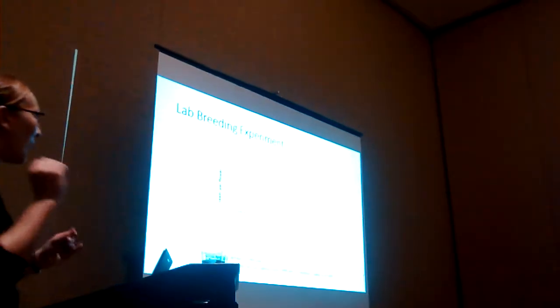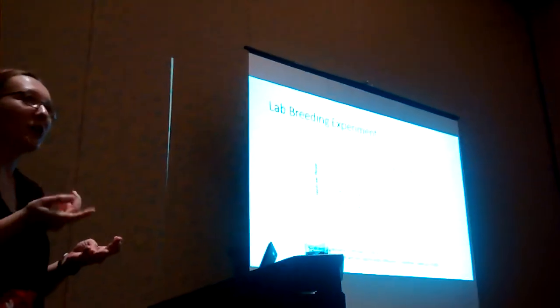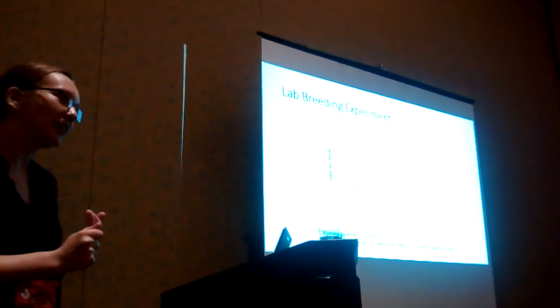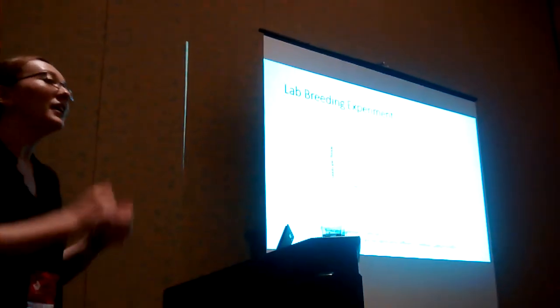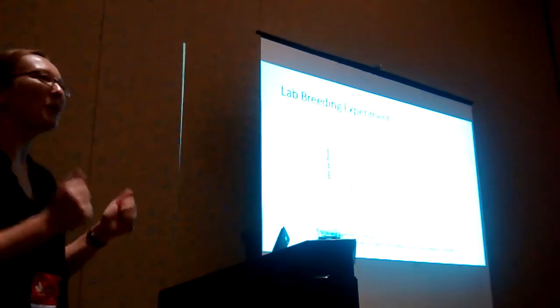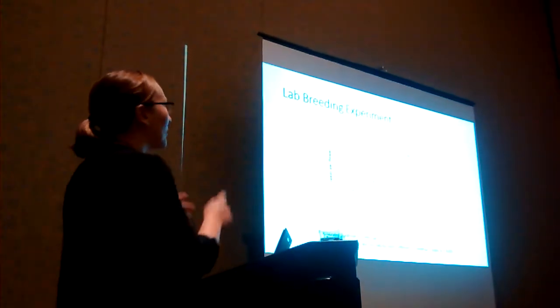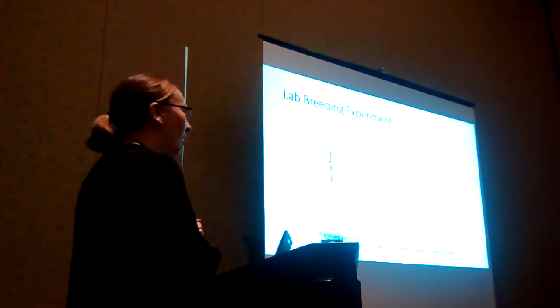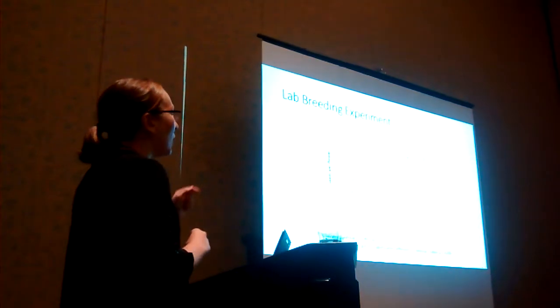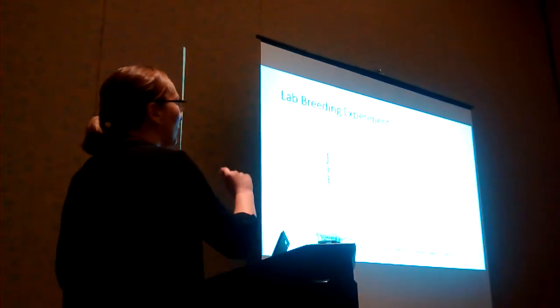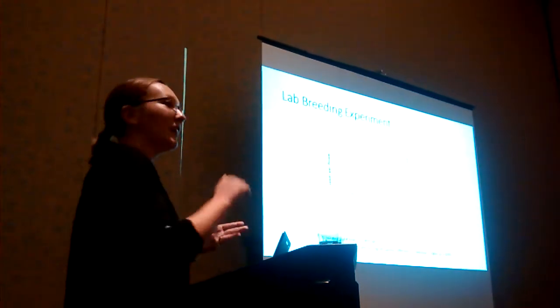Okay, so we'll just jump into our results for the lab breeding experiment. I really enjoy how this came out. I'm going to show you the seeds per flower. I'll let you know that we also tested for fruit set, seeds, and the germinated seeds. They were consistent, so we'll go with seeds per flower for today. The control and the auto treatments were significantly different from the self, in, and out.